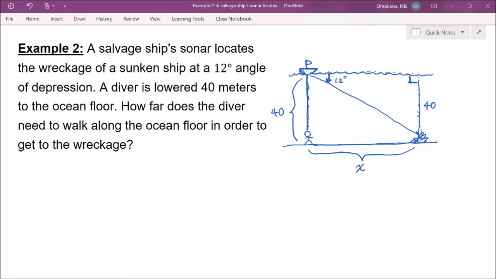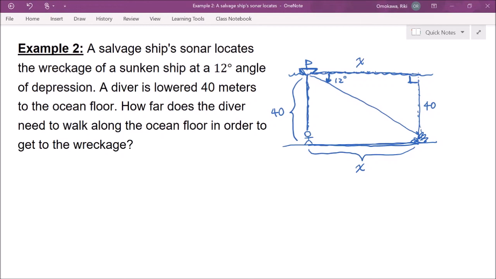And you can do it with either triangle here. If you wanted to do it with this triangle, then you can say this distance on the ground should be the same as this distance up here because it's like a rectangle. So we could put x there, and now you have this right triangle that you could do SOHCAHTOA on.